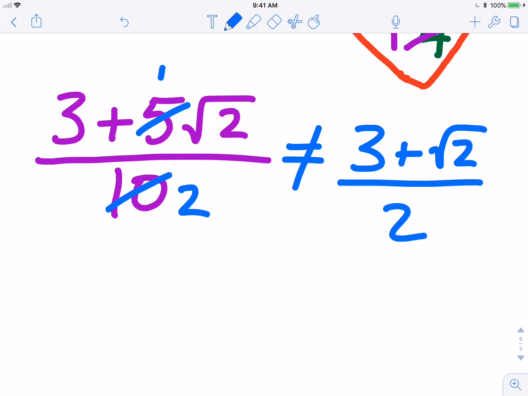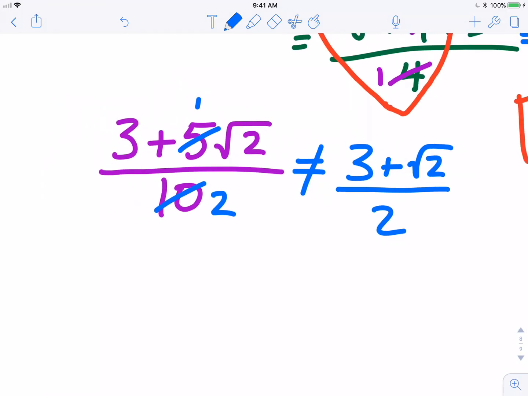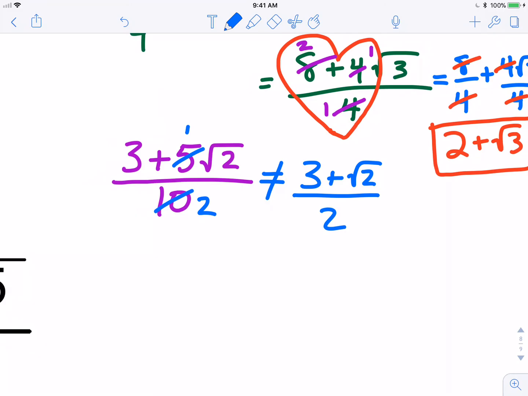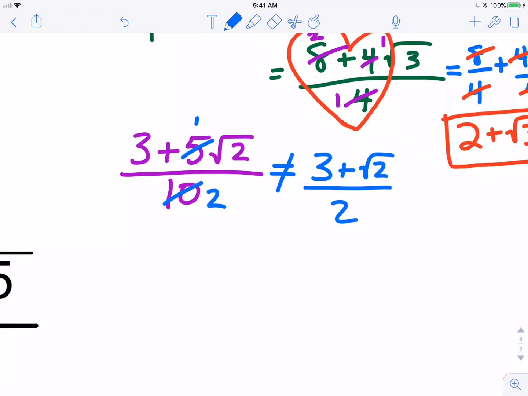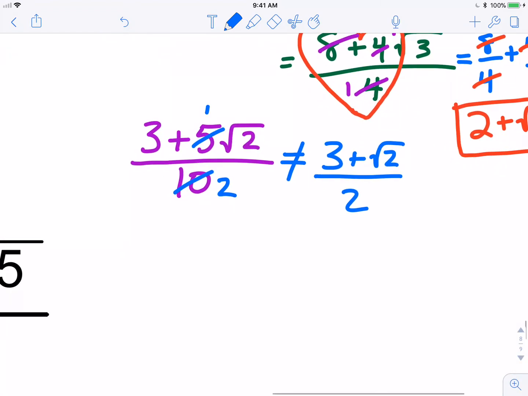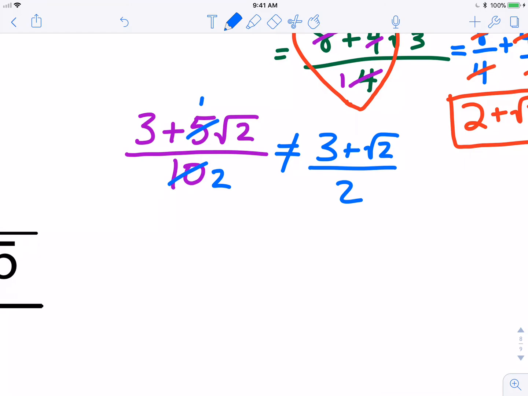You cannot do that because really you're dividing out a GCF in one spot and not the other. In other words, the 3 was unaffected there, so it's not done correctly, right? If we're dividing everybody by 5, how does the 3 just get a free pass there? So it's very important that all 3 of those, and that's why that heart trick helps. If you had that purple expression there, there's literally nothing you could do. It would be fully simplified.